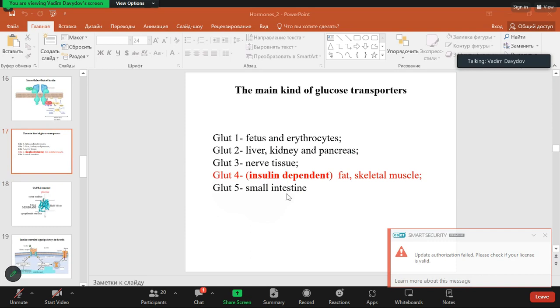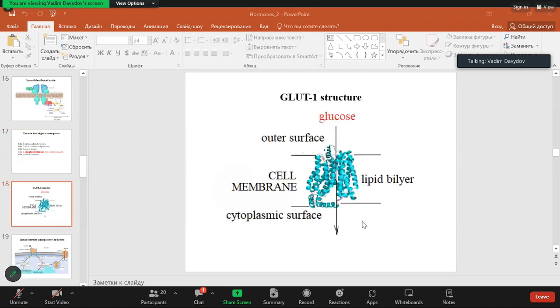Different kinds of glucose transporters exist. Insulin affects only one glucose transporter, so-called GLUT4, which is localized, as I already reminded you, in adipose tissue and skeletal muscle cells, cross-striated muscle cells.